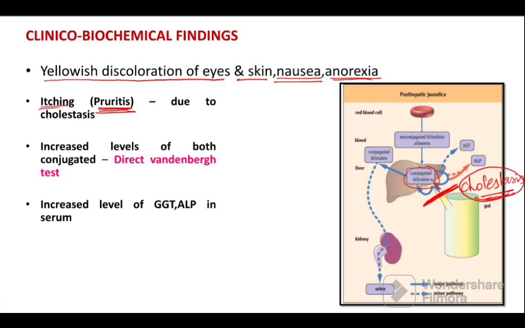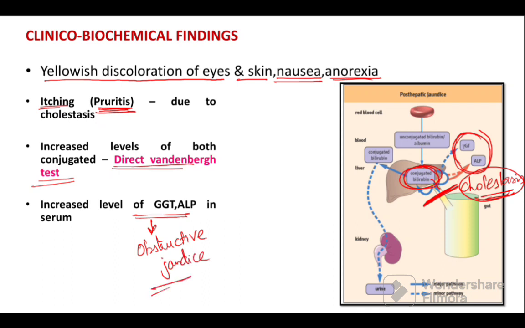So increased conjugated bilirubin in the serum will give a direct Van den Bergh test, and the enzymes, especially GGT, gamma-glutamyl transferase, and ALP, alkaline phosphatase, are elevated in obstructive jaundice. So GGT and ALP are the marker enzymes for obstructive jaundice.